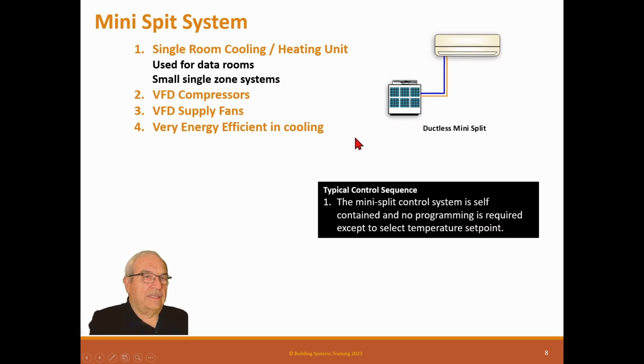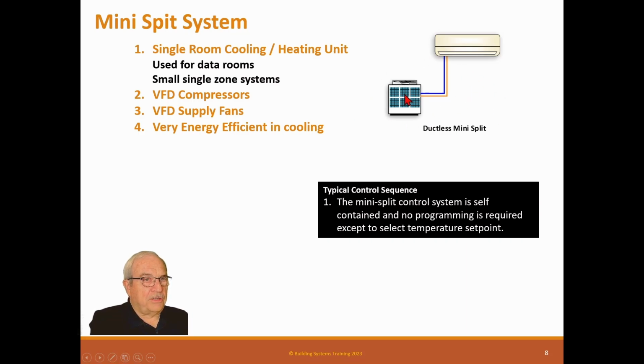And the typical sequence is really simple because they have a thermostat in here, and it's based on a residential design from Japan, actually, which originally designed these. So the mini split system is self-contained and no programming is required except to select temperature of the room.